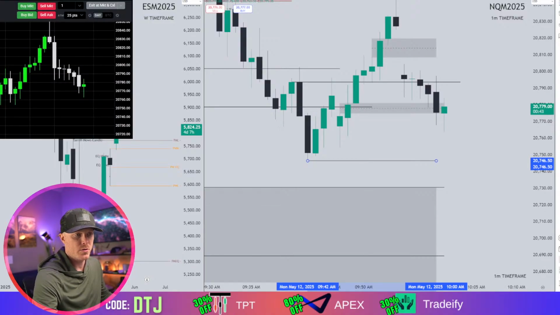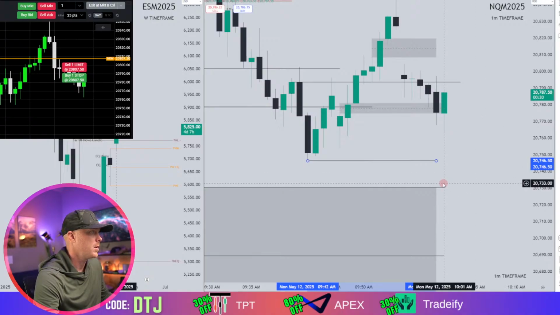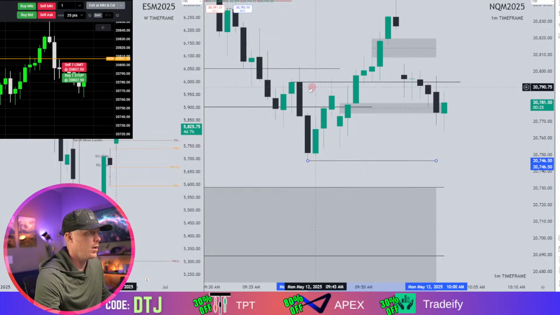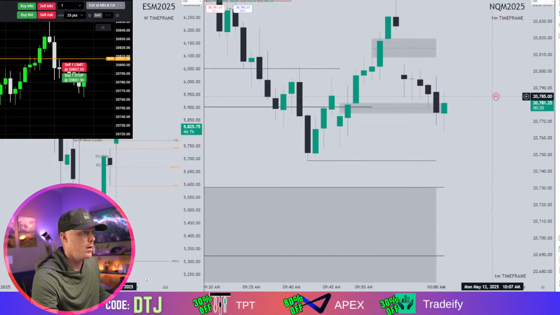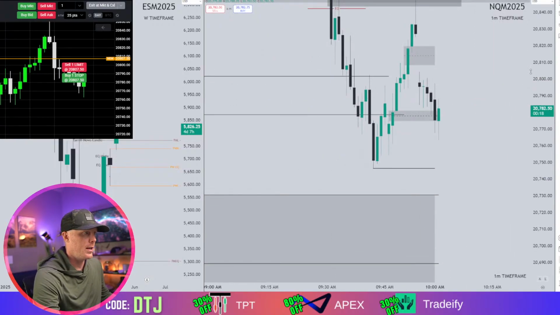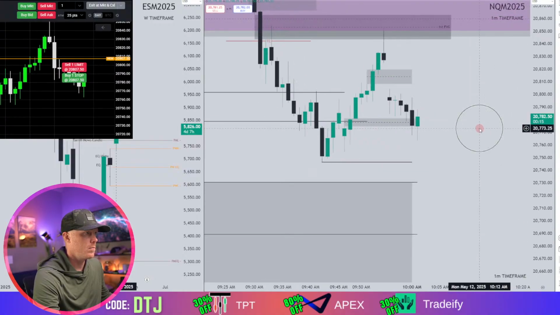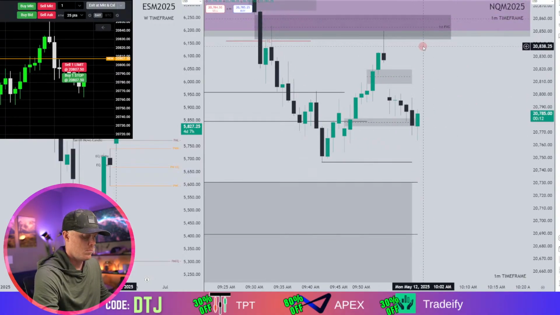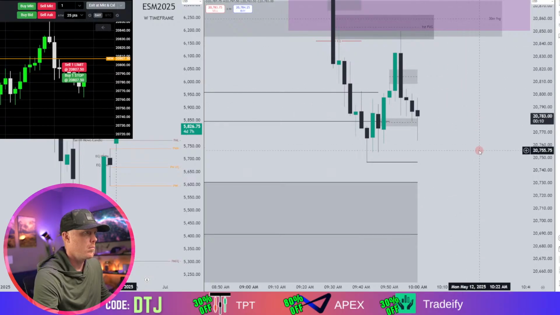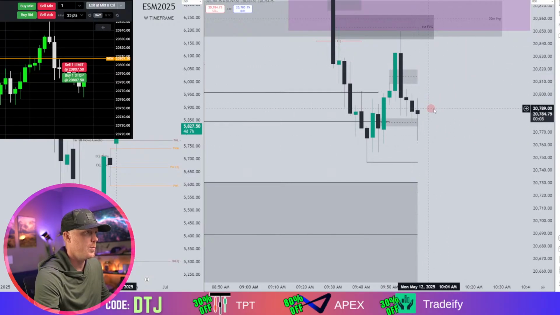I wouldn't be opposed to price coming up into, I'm putting this on my screen because it's not on my other one. I wouldn't be opposed to it coming up to here first. I love the violation of this breaker, so we can get rid of that breaker. I'm not looking at that going long. I don't want it to go long. We'll look at the 2-minute because I got a 2-minute candle at least.